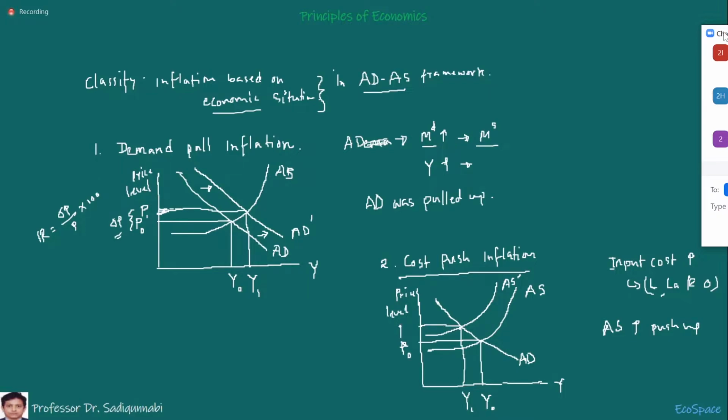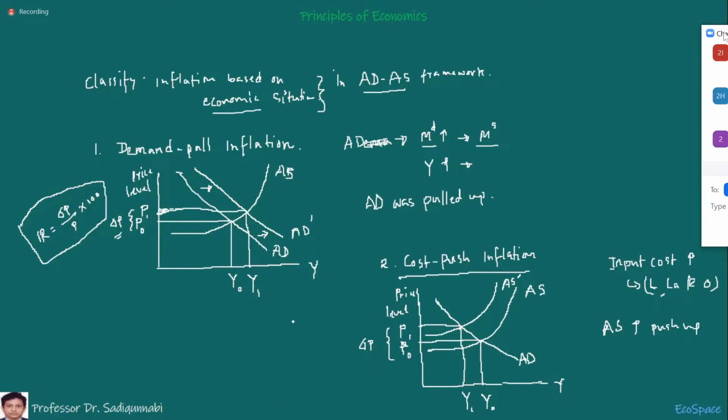That means P1 is here, and this is a change in P, which means there is inflation. So this type of inflation is called cost push inflation. Demand pull inflation and cost push inflation: two types of inflation in the ADAS framework.